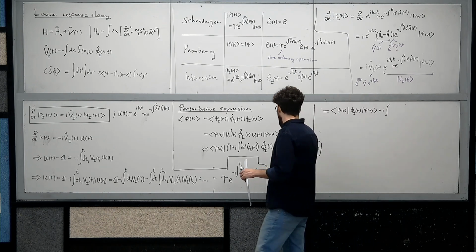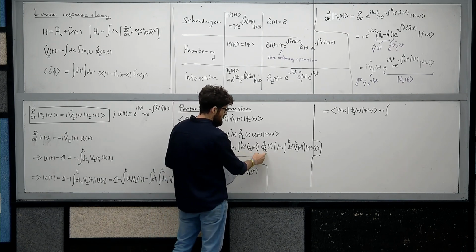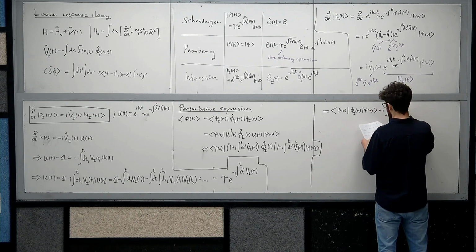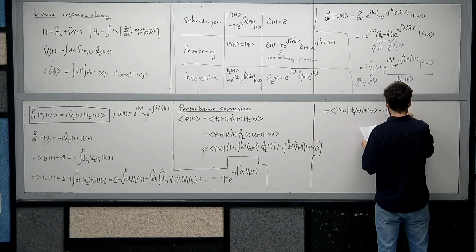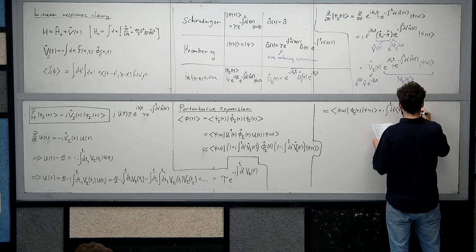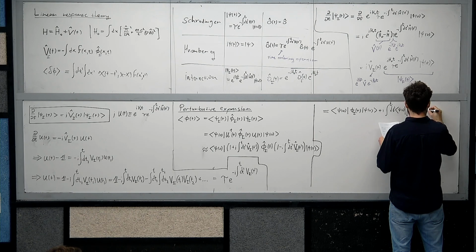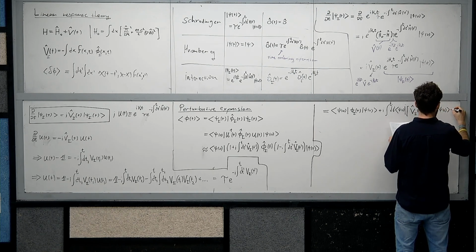So this is when this multiplies that, multiplies this, or when this multiplies this, multiplies that. So it won't surprise you that what we get is an integral up to t dt prime psi of 0, commutation relation of V_I of t prime, phi_I of t, psi of 0, and then more terms.